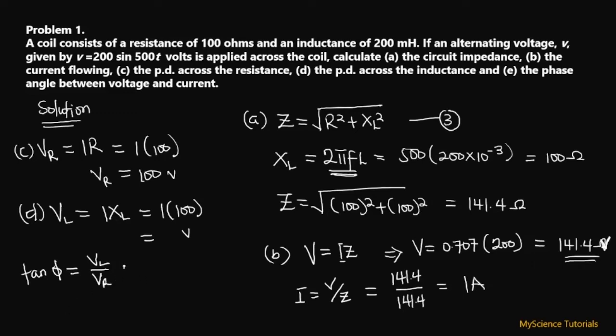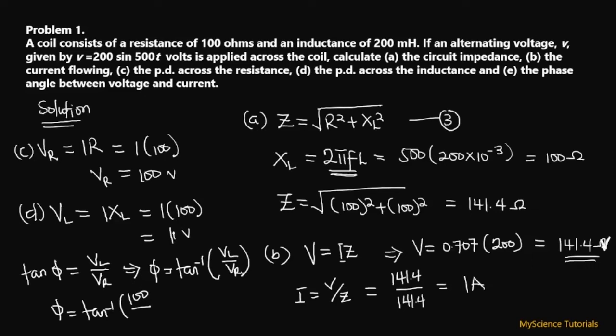Now that we have this, we can make the phase angle the subject by taking the tan inverse of the ratio VL over VR. Now, the angle is now equal to the tan inverse of 100, which is the VL over here.